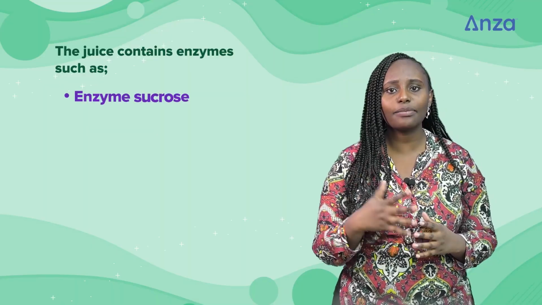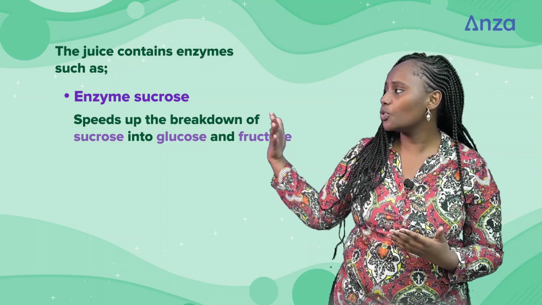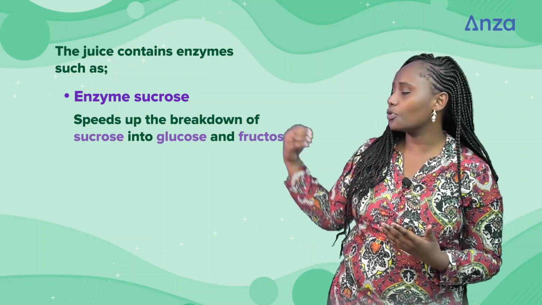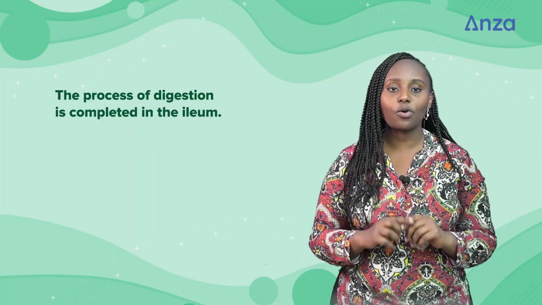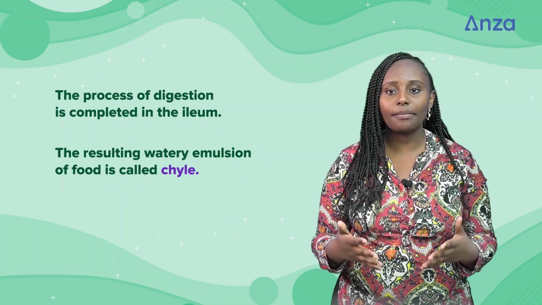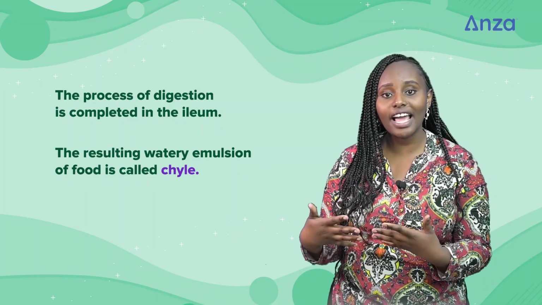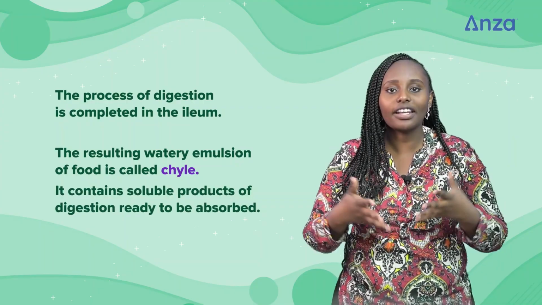And also the enzyme sucrase, which speeds up the breakdown of sucrose into glucose and fructose. The process of digestion is thus completed in the ileum. The resulting watery emulsion of food is called chyle and contains soluble products of digestion which are now ready to be absorbed.